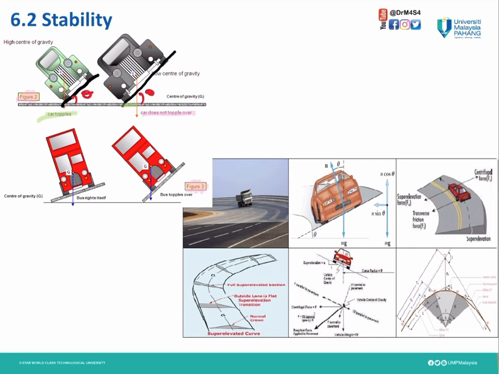As you can see in figure 3, for the same bus moving on different roads at different angles, certainly this bus is going to topple over. However, this bus is just alright and can take that road.